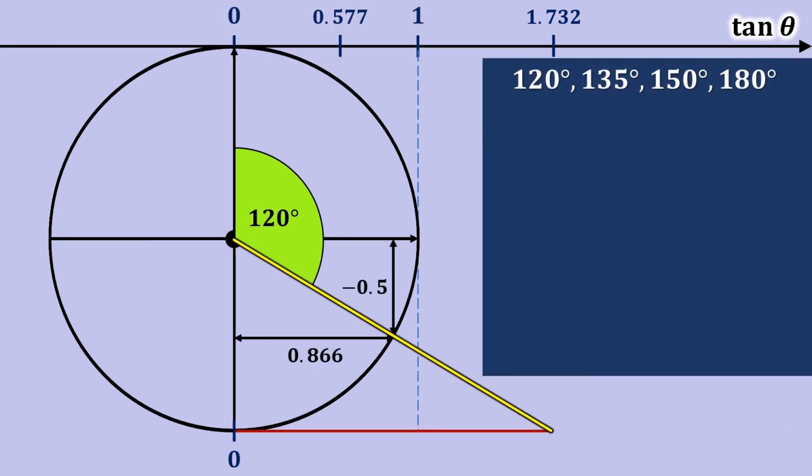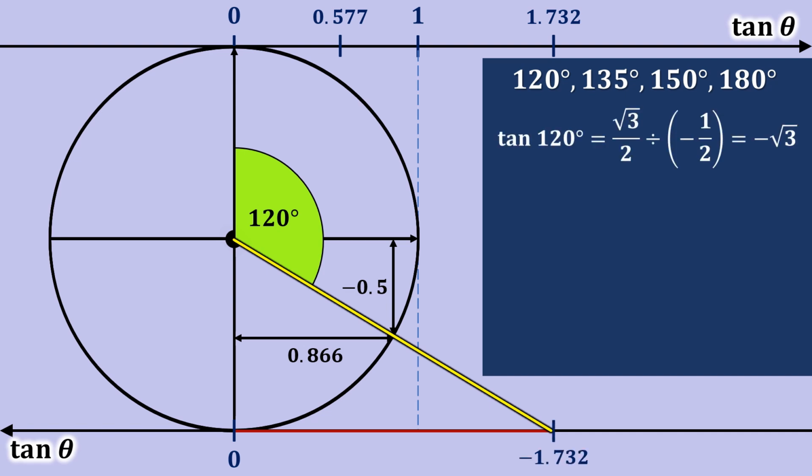If the angle is beyond 90 degrees, even just a little bit, then the line would touch another tangent at the bottom of the circle. This tangent has the negative versions of the numbers at the top. For example, the tangent is minus root 3 at 120 degrees.